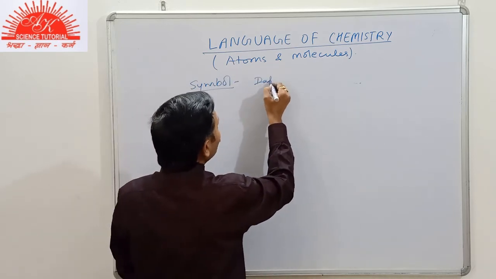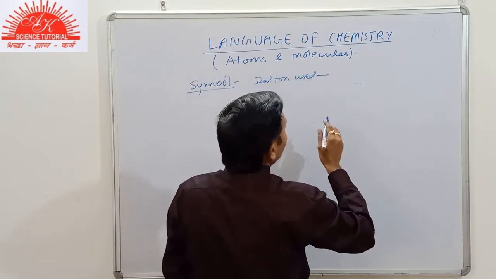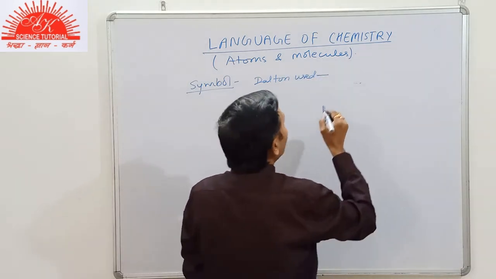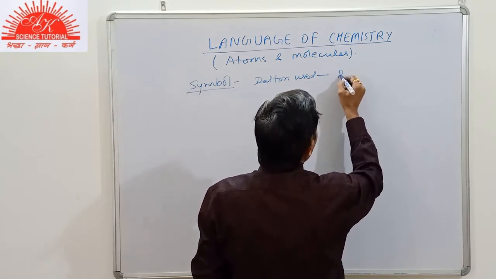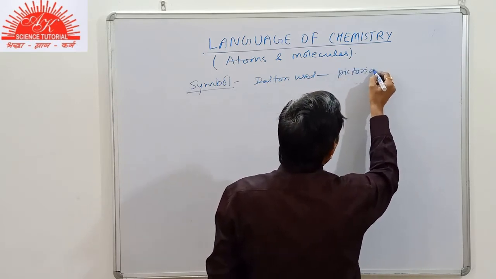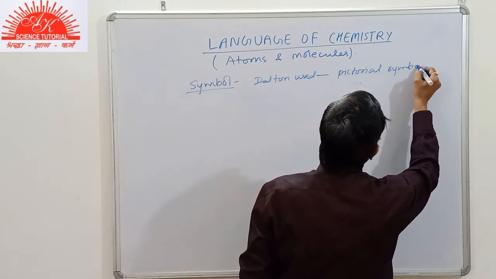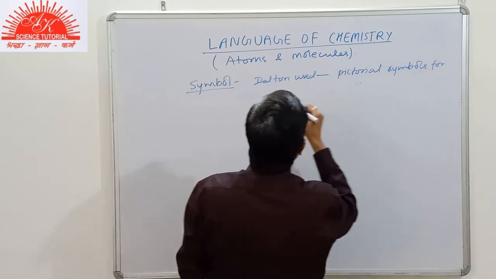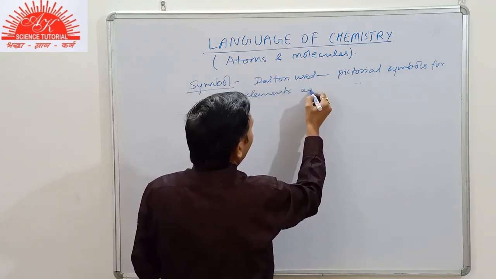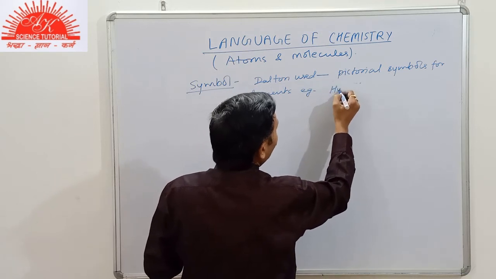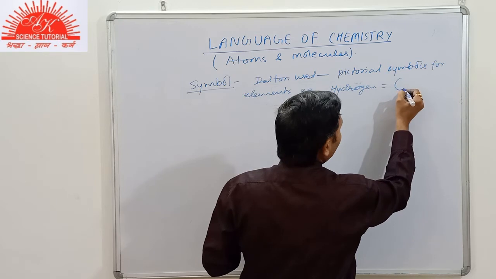Now Dalton used some pictorial symbols for elements. Example, for hydrogen he used this symbol.